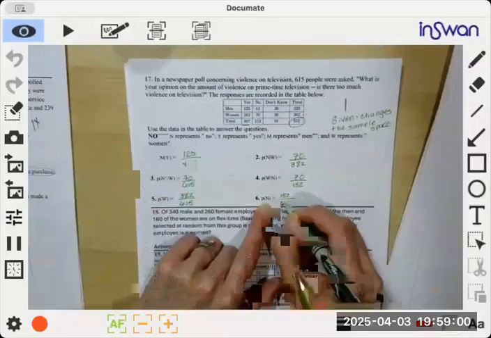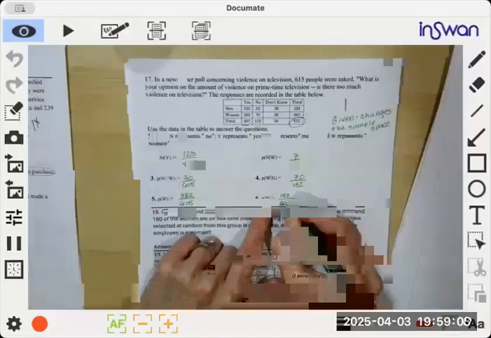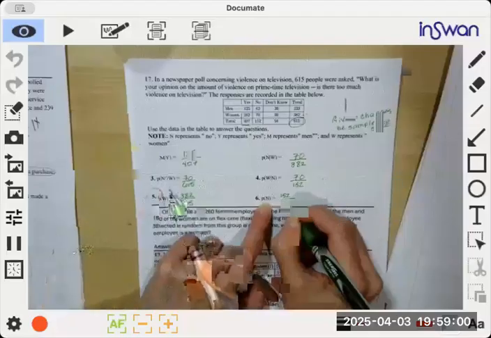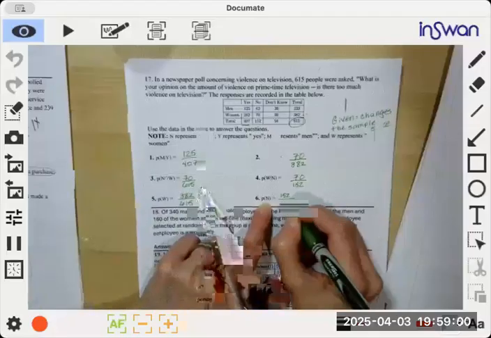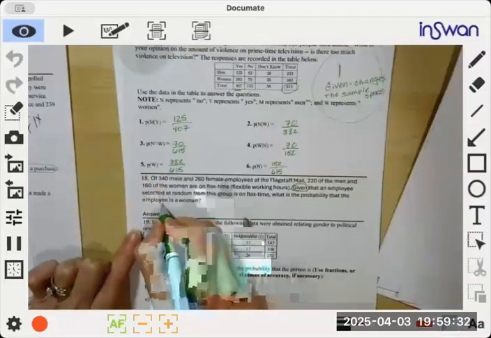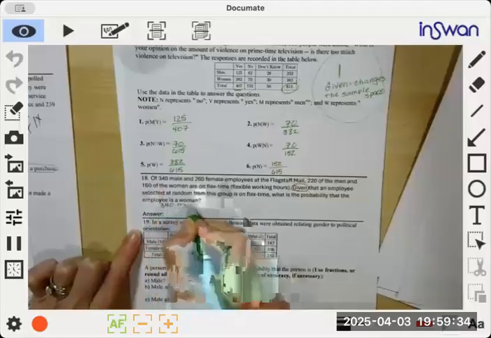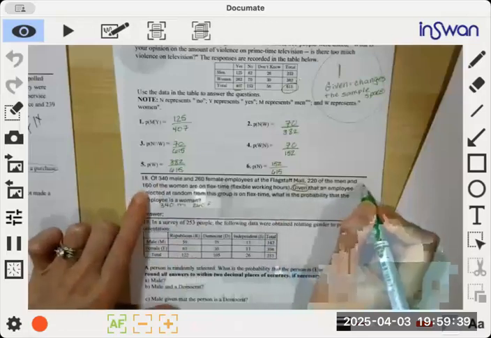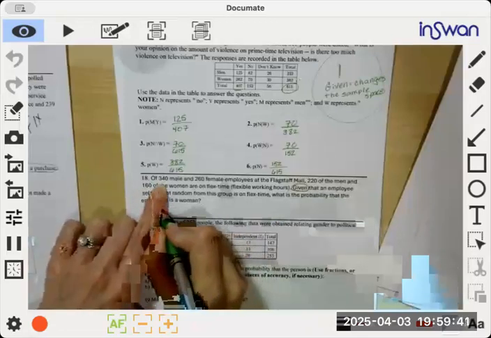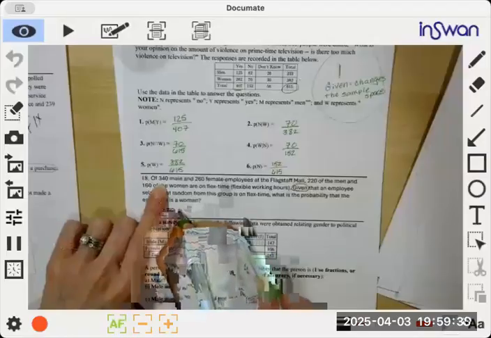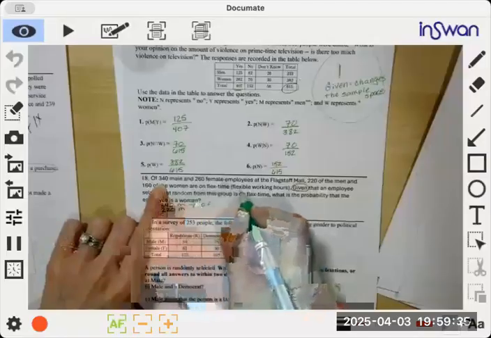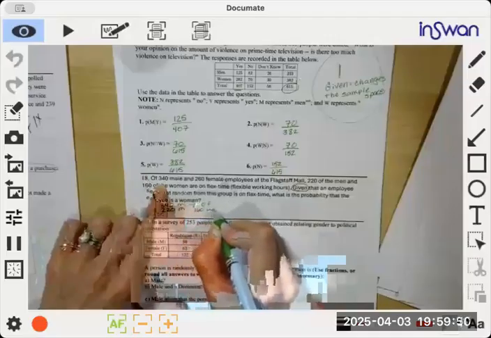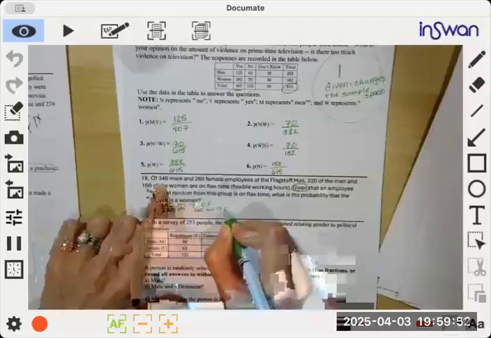All right, we see the word given, so I know given is changing my sample space. Given changes the sample space. We have 340 males, 260 females, and 220 of the men and 160 of the women are on flex time.